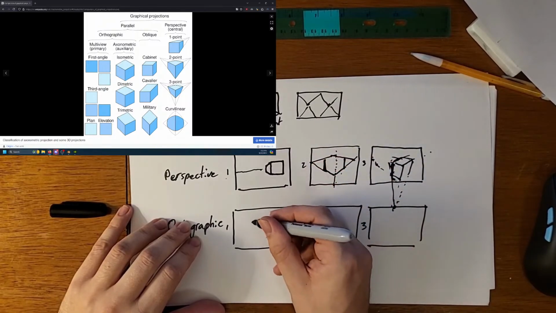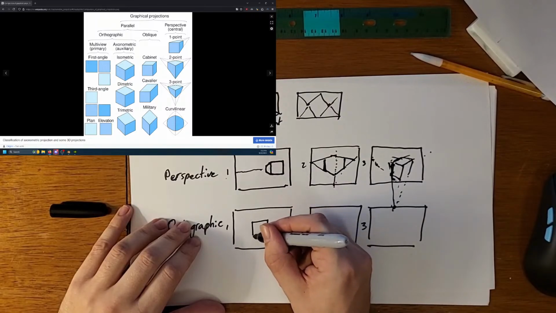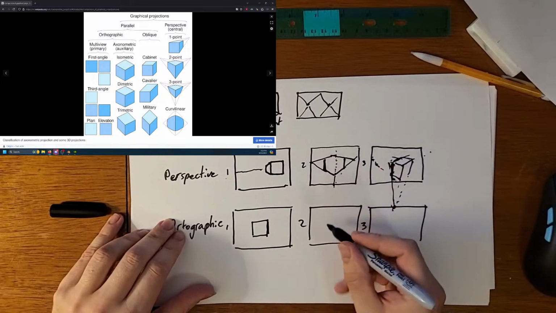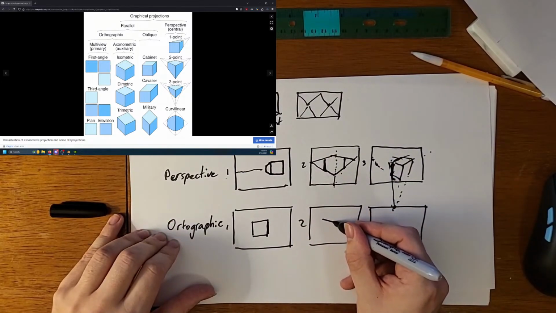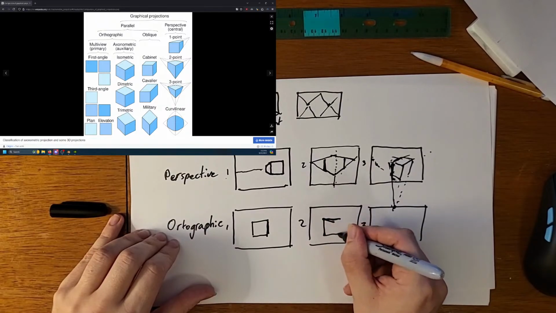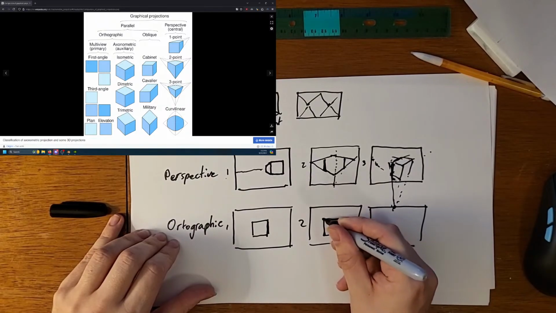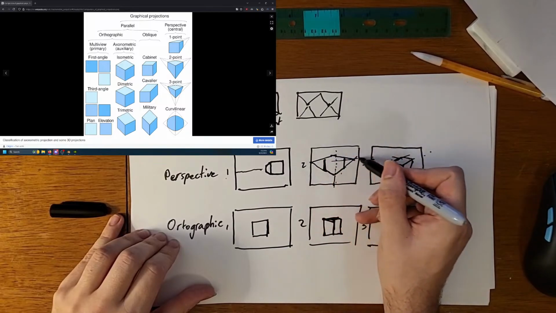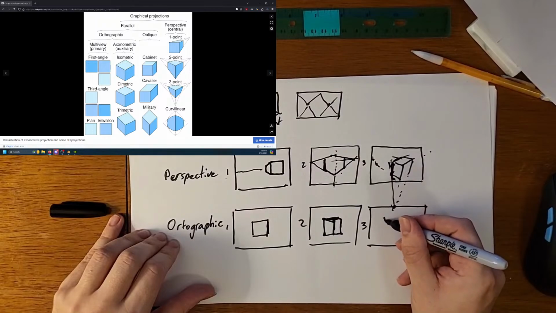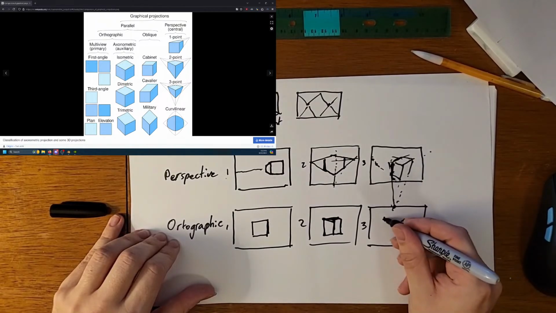So in orthographic it's coming straight, and then you rotate it. In orthographic, this would look like that, because you're actually still in line with the horizon. And then when you come by for the third one, that's when you start seeing the isometric.